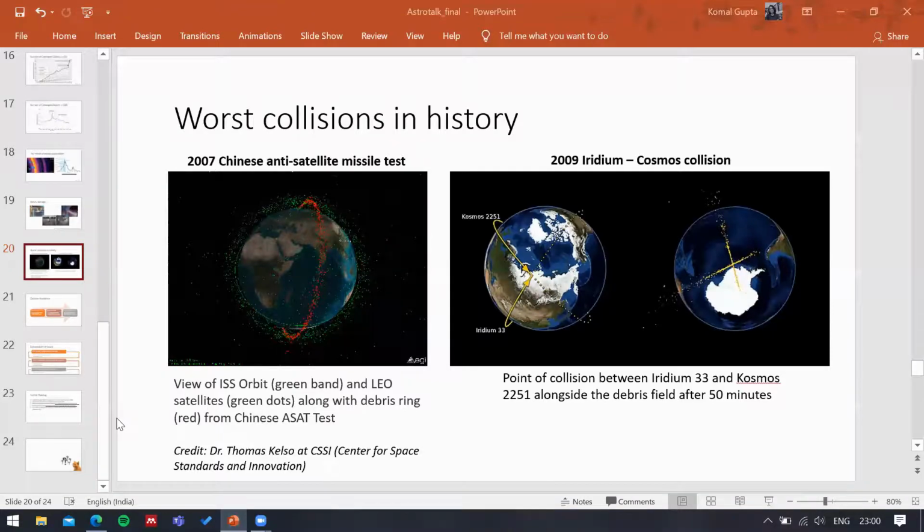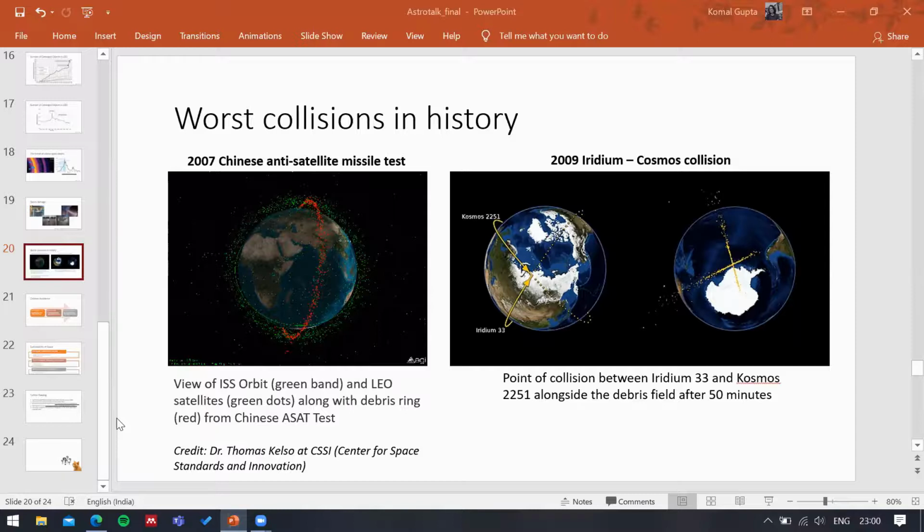But that would produce more debris, right? And that in itself will cause more problems to the other things that are orbiting. So how do they take care of this, so that the spacecraft doesn't crash into things, not the big ones, but the small ones, if at all?